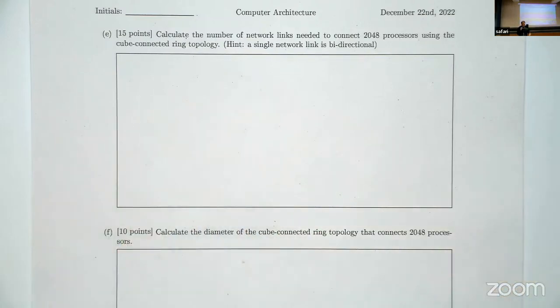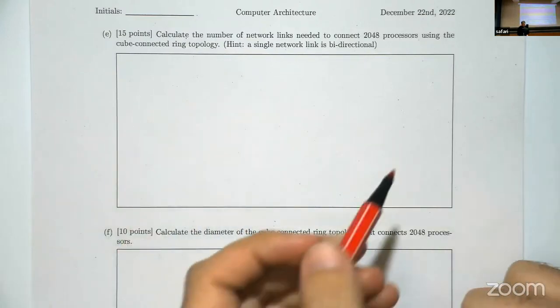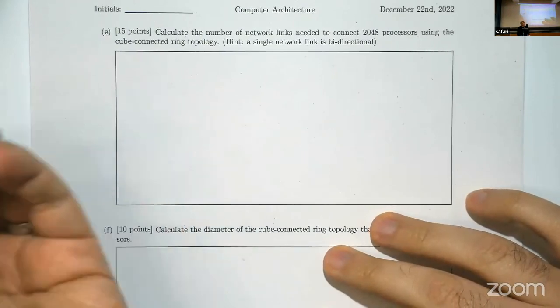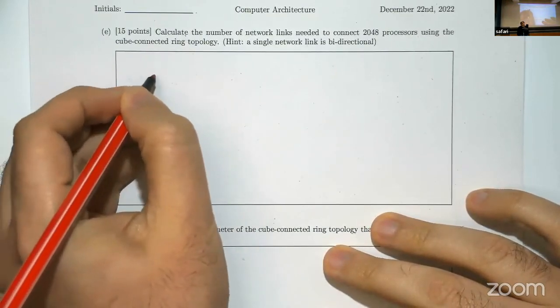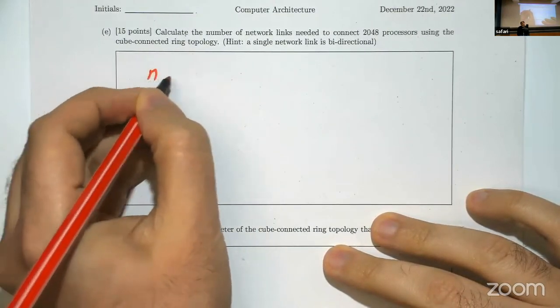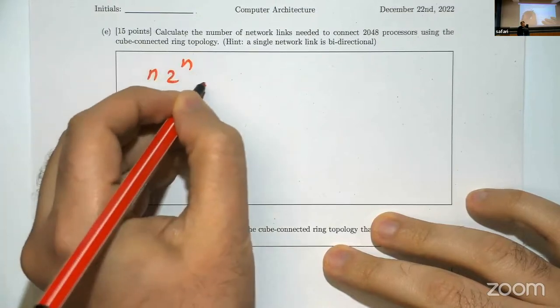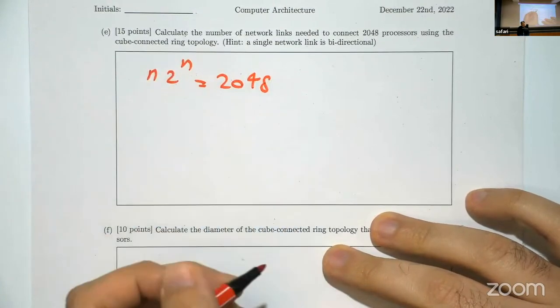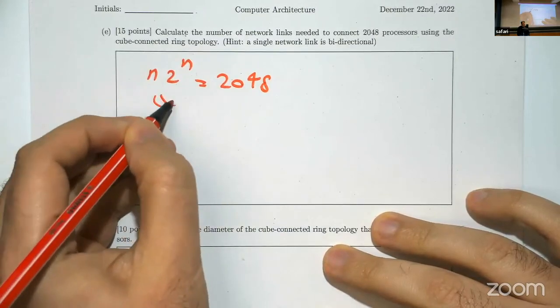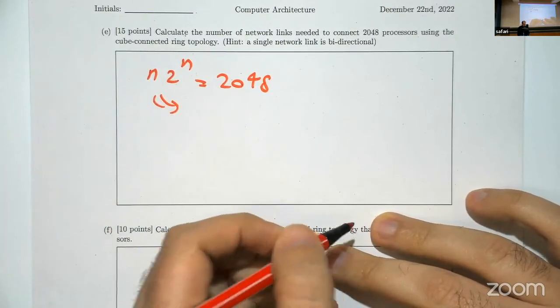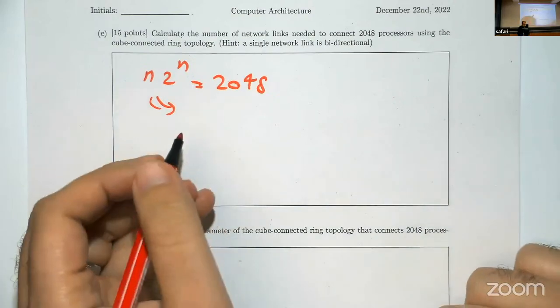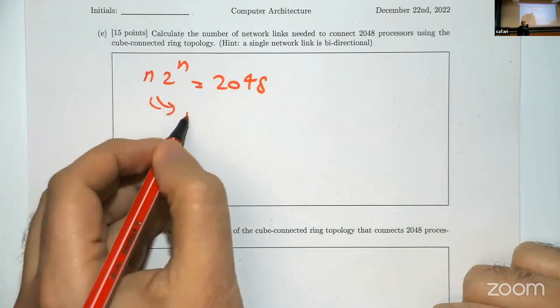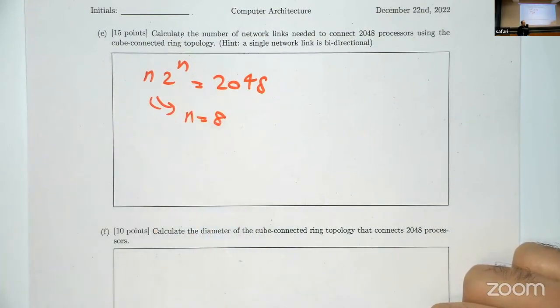So the trick here is that you need to find an n such that n times 2 to the power n equals 2048. You can just do it by trial and error, and n equals 8 will result in this number, basically. Right?